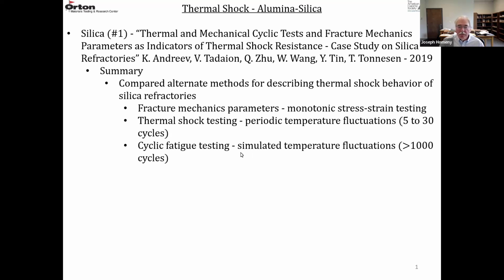It's a relatively fast test, and you can do 1,000 or more cycles in a short time. In this paper, they're saying it gives the same kind of results as a thermal shock test. So it's an alternate method of testing for thermal shock without actually doing a thermal shock test. And it's more common lately in the last 10 years.